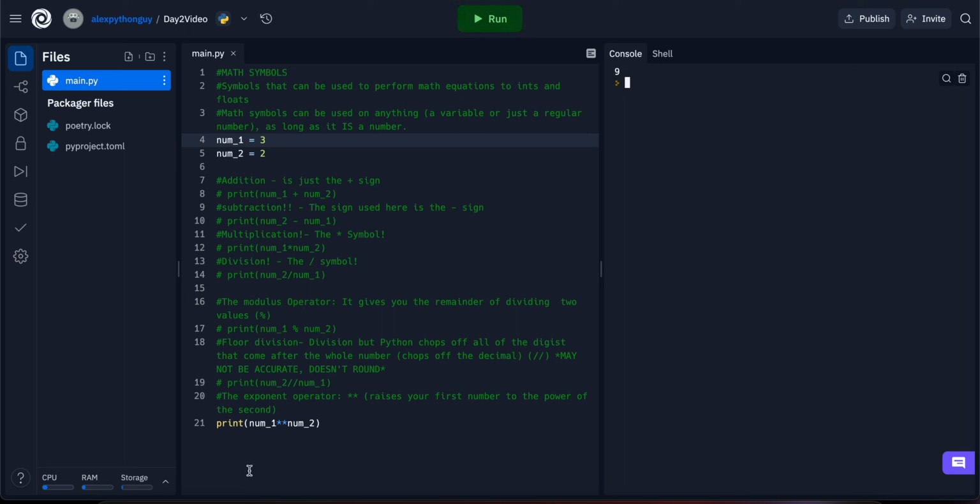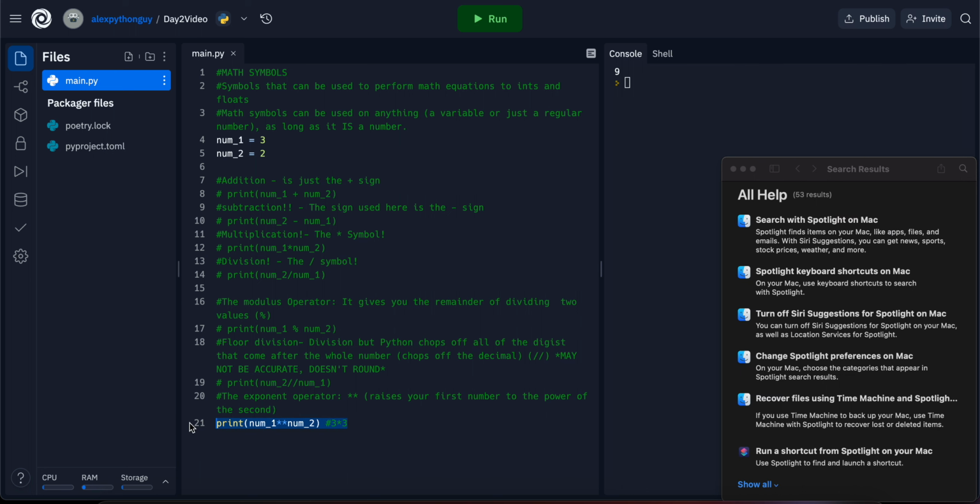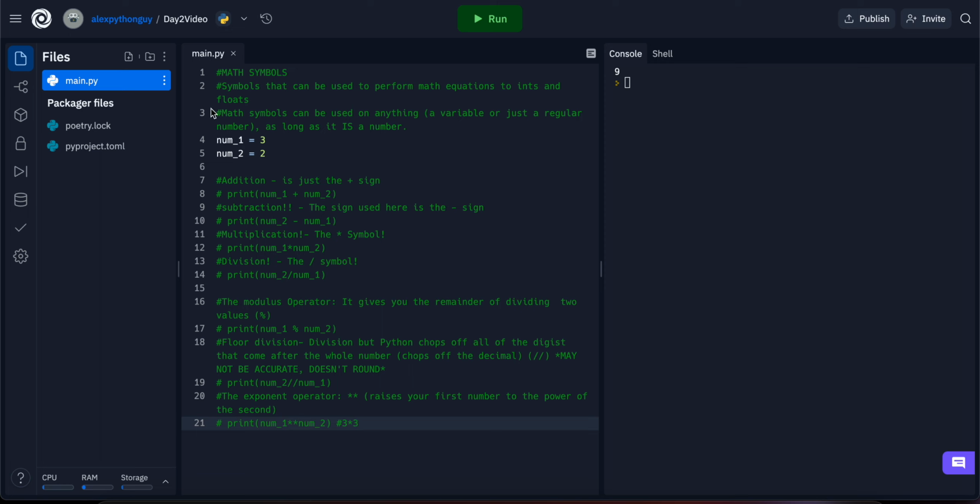And we get 9 because in this case, it would be 3 times 3, which would be 9, because you multiply your first number by itself second number amount of times. And that's basically an exponent. And that is an overview of math symbols with integers.